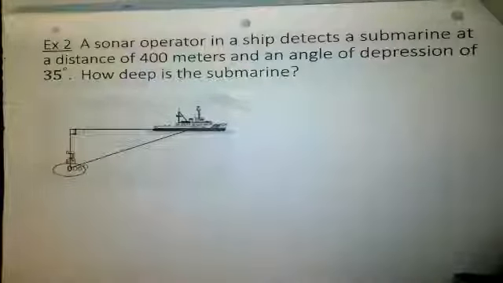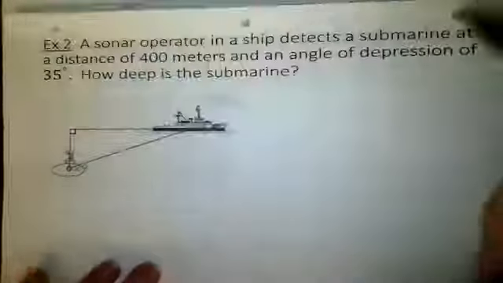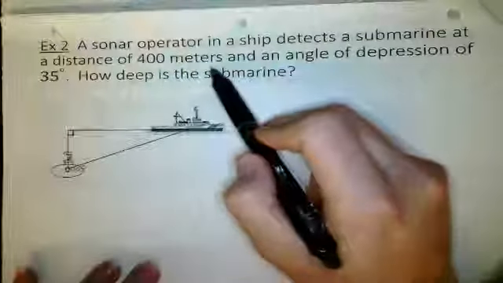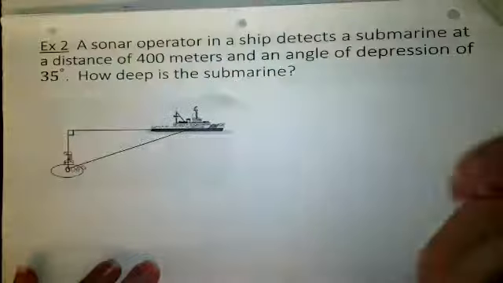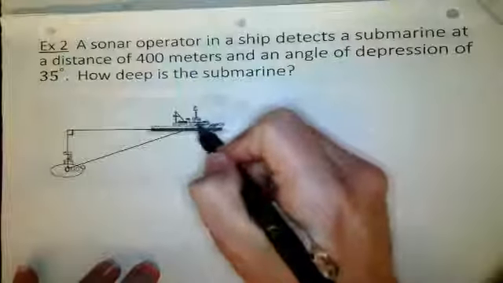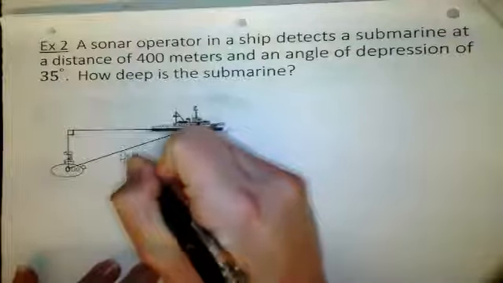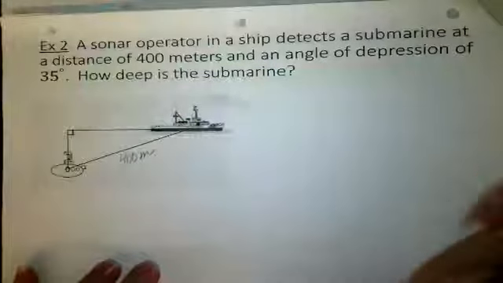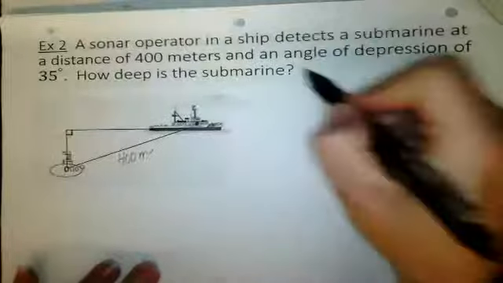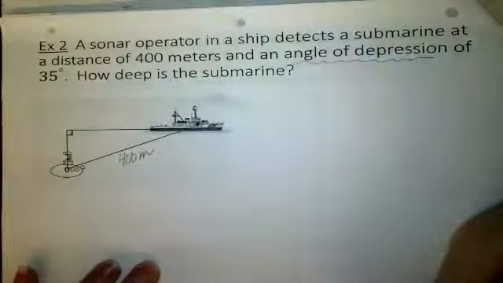Example 2. A sonar operator in a ship detects a submarine a distance of 400 meters. So the sonar operator is sitting here in the ship, and he's detecting this submarine 400 meters away at an angle of depression of 35 degrees.